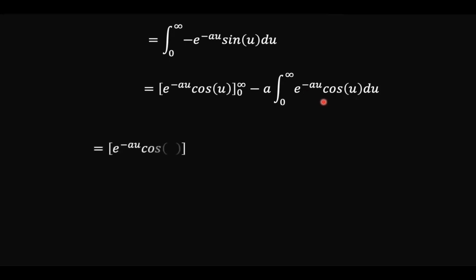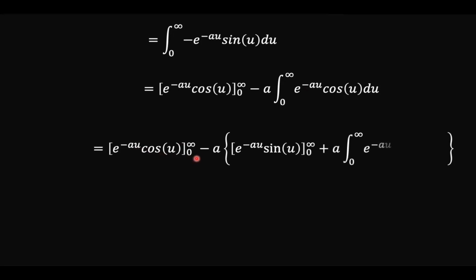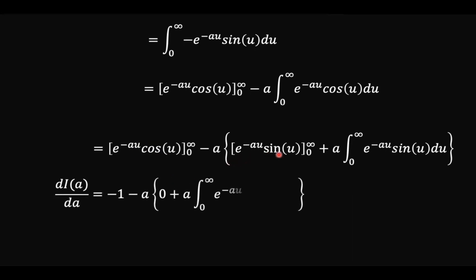So when we introduce the limits, we have e to the power negative au cosine u with the limits there, so that when u tends to infinity, this initial term goes to 0. So that is 0 minus, when u tends to 0, we have 1, and cosine u is 1. So we have negative 1 there, and here in brackets we have a 0.